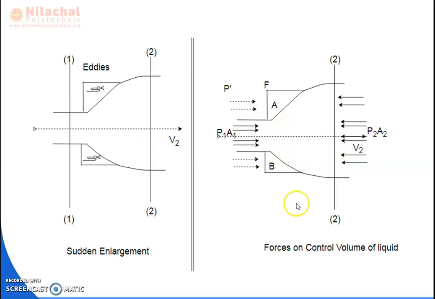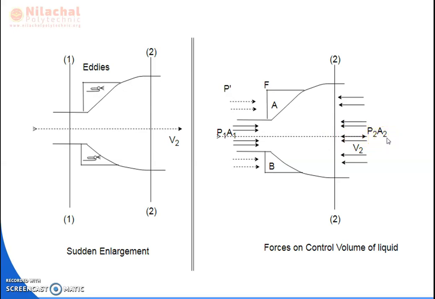we are going to see how the forces act on the control volume. These are the initial arrow marks. These arrow marks suggest that the water is at pressure P1, but while it is moving through section 2, there is a pressure P2 and area A2.